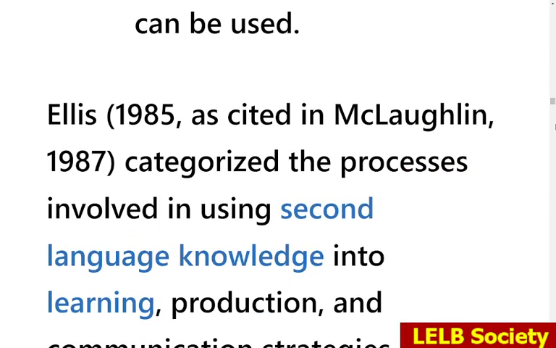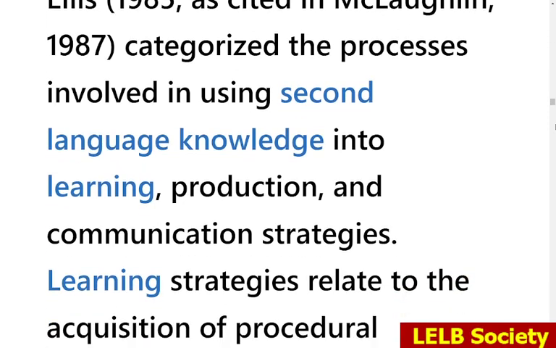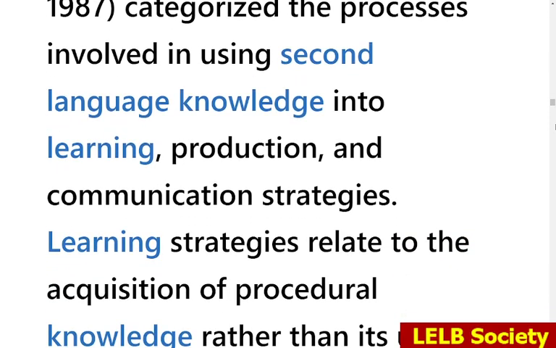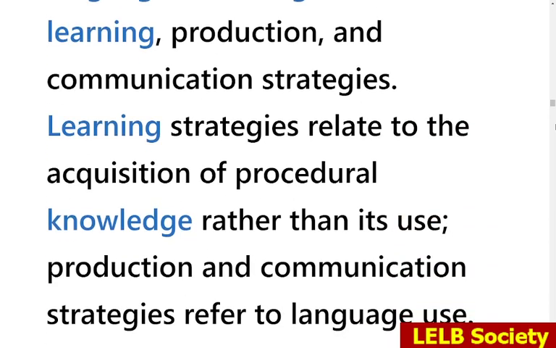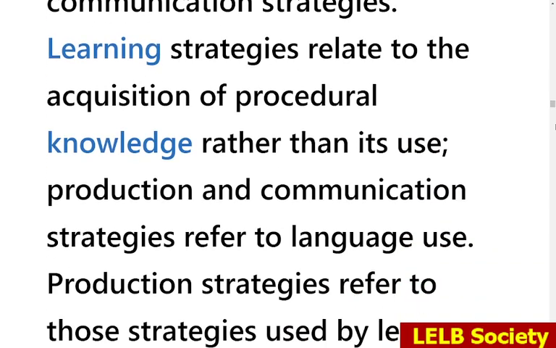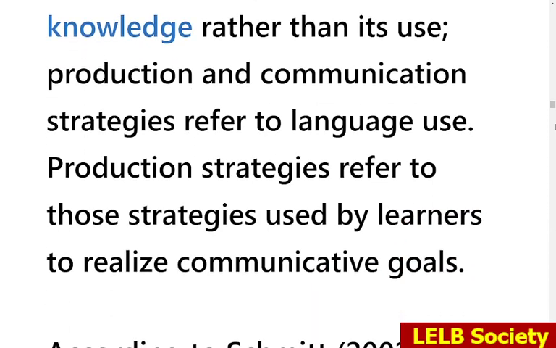Ellis 1985, as cited in McLaughlin 1987, categorized the processes involved in using second language knowledge into learning, production, and communication strategies. Learning strategies relate to the acquisition of procedural knowledge rather than its use. Production and communication strategies refer to language use.